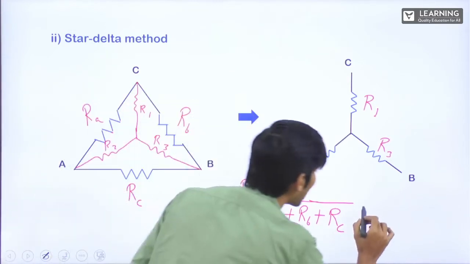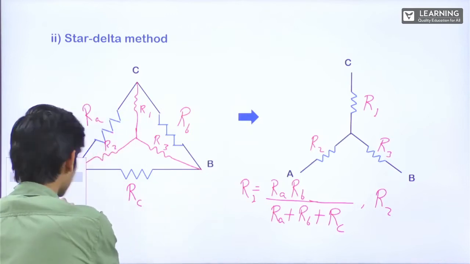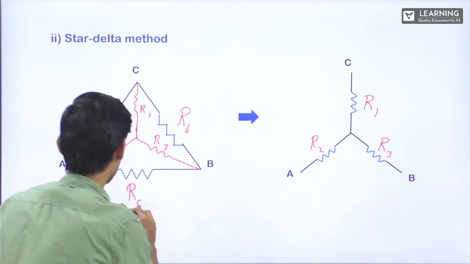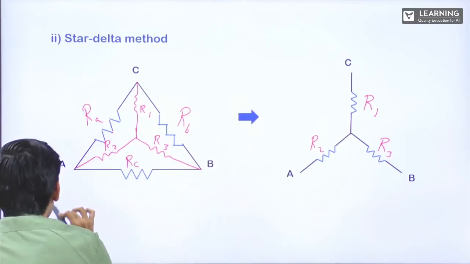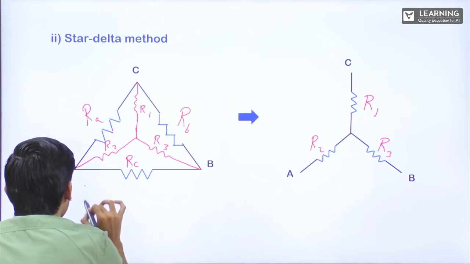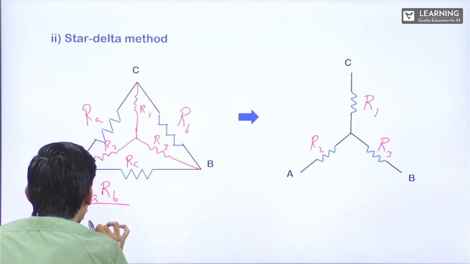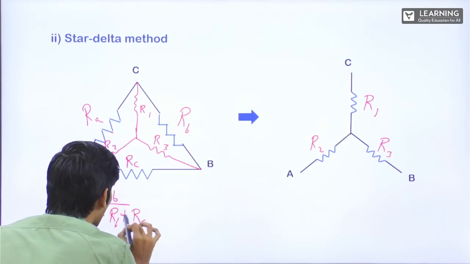So what will be R2? Okay, let me write from here. This RC I'll write here. From here I am writing so that all the resistances will come. RA RB upon RA plus RB plus RC.